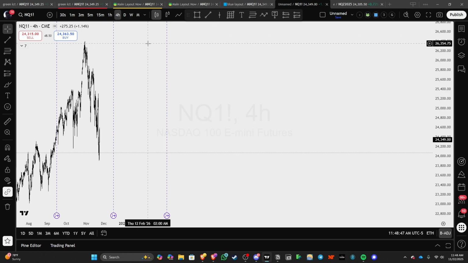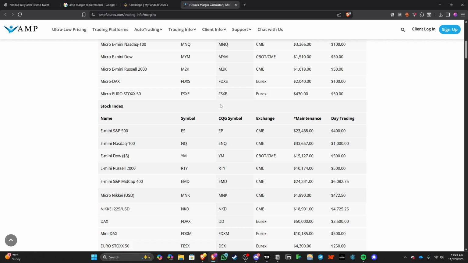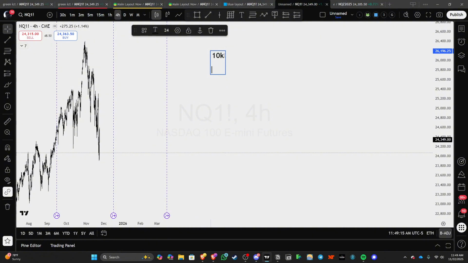So, with a live account, right? Let's say you fund your live account with 10k, right? With 10k, you can leverage, we can actually check right now, AMP, you can have access to 10 NQ lots and around 25 ES lots. So a 10k AMP live account.